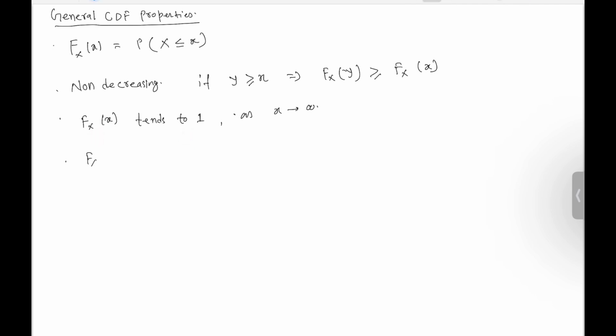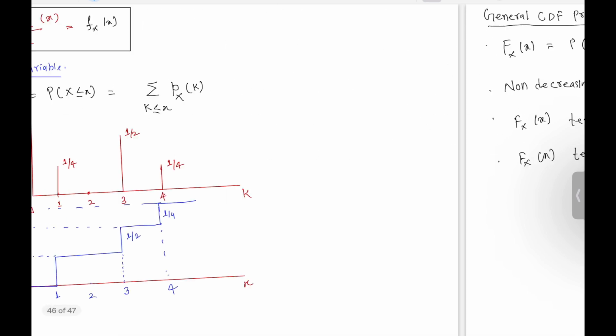And one more point, that the CDF will tend to 0 as x tends to minus infinity, right? What does it mean?